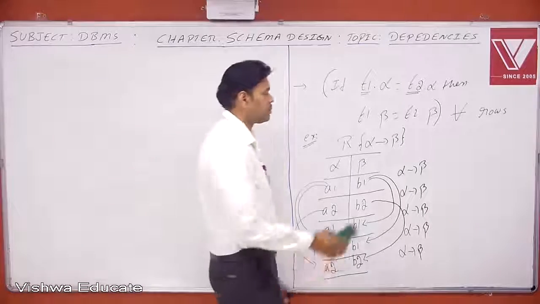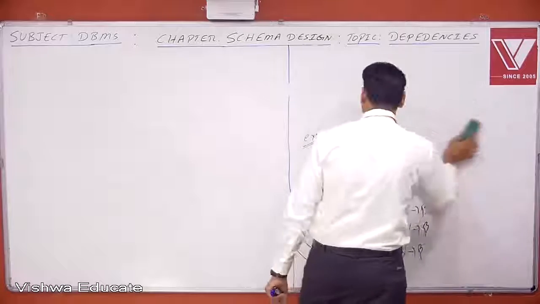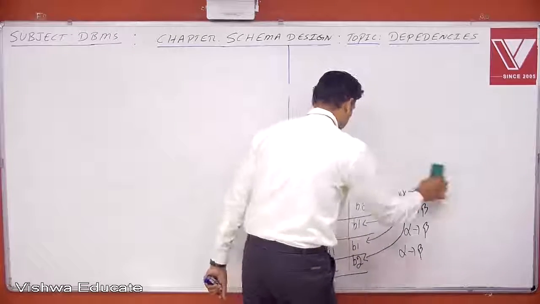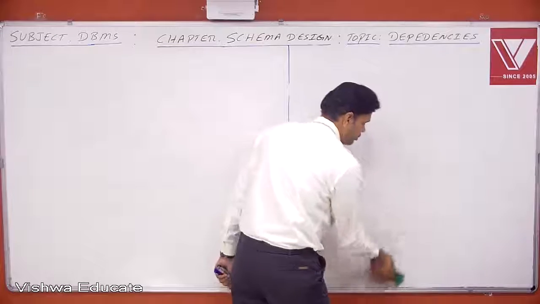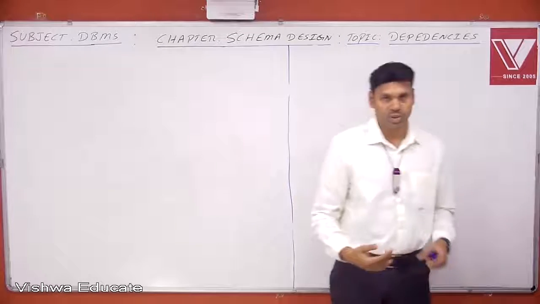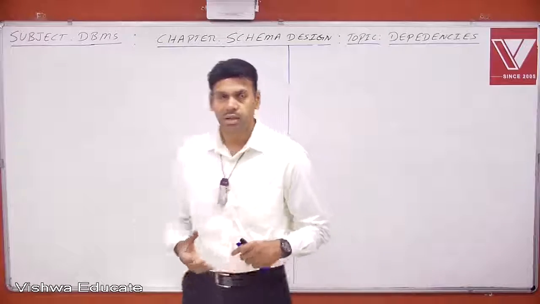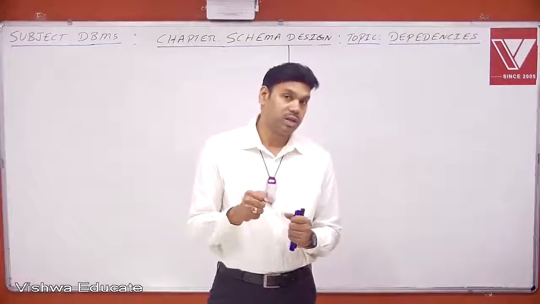Okay, guys. I hope you got it copied. Now we will look into a few other examples so that you will have the confidence to prove functional dependency in a good and quick manner.